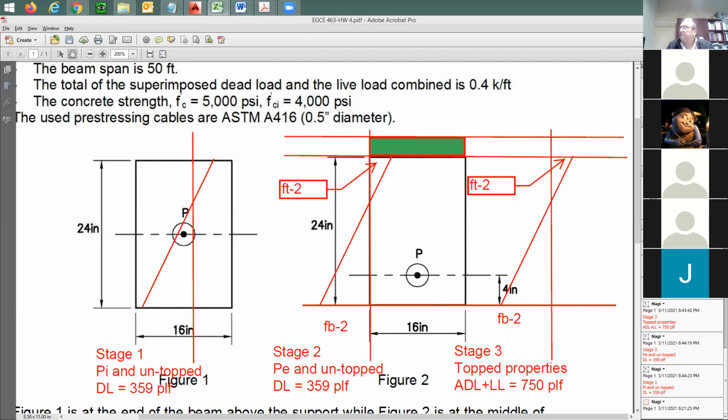Any idea how you add this? The stresses, both top and bottom, are locked in. Are you guys following me? Yes.